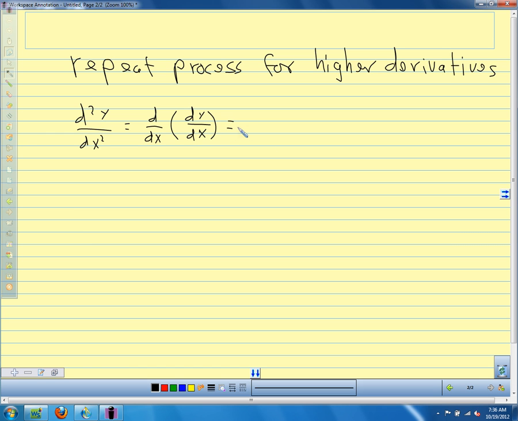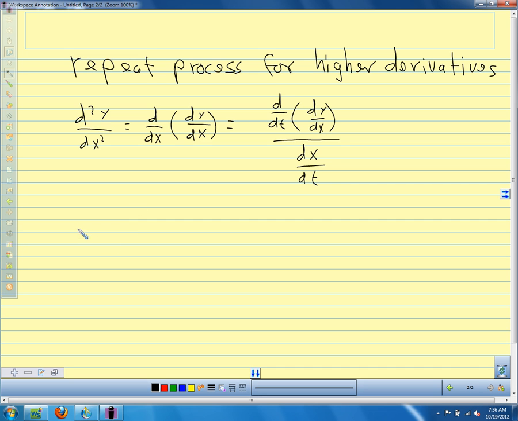Using the process that we just used, now our function is dy/dx, and we're taking the derivative of that, so that is d/dt of dy/dx divided by dx/dt. So we take the derivative with respect to time of dy/dx, and we divide it by dx/dt. So dy/dx is our new function, and we repeat the process that we just talked about.